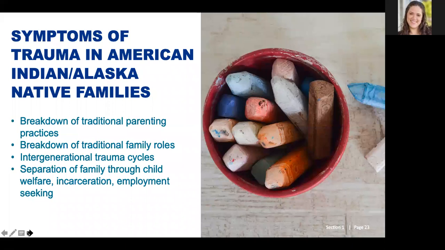So again, as we think about the assimilation policies that were inflicted on Native people since contact, we have to understand, and we do know, that there is the breakdown of the traditional parenting practices. There's been a breakdown of traditional family roles, and intergenerational trauma has become cyclical, with generations of children and parents responding to their trauma with anxiety and stress, toxic stress responses.